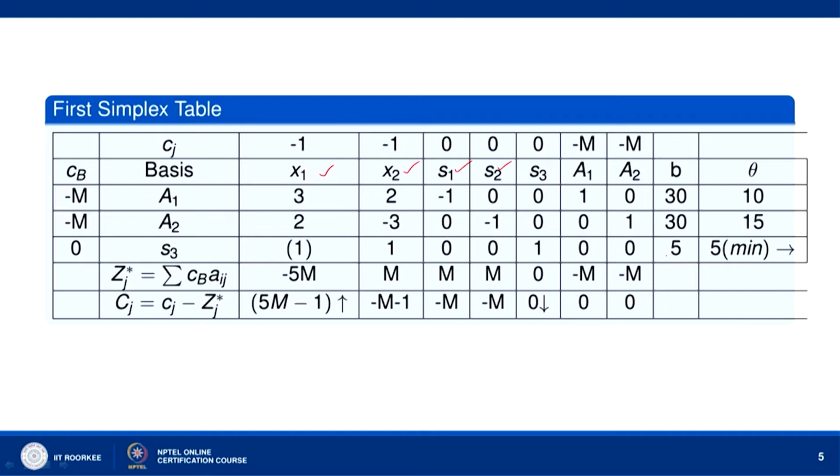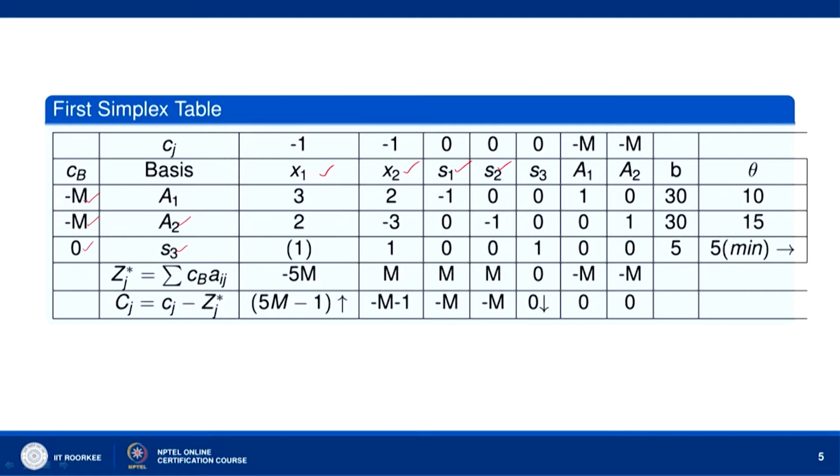Now, the coefficient of a1 in the objective function is -M, the coefficient of a2 is -M, and the coefficient of s3 is 0. So, the CB column contains the coefficients of the basic variables in the objective function. Now, we find zj star, equal to sigma CB aij.